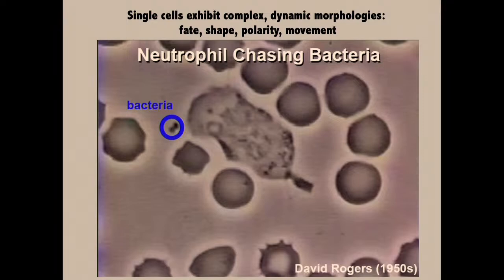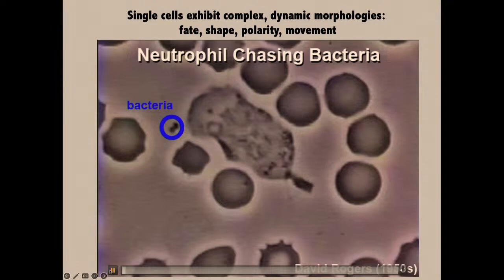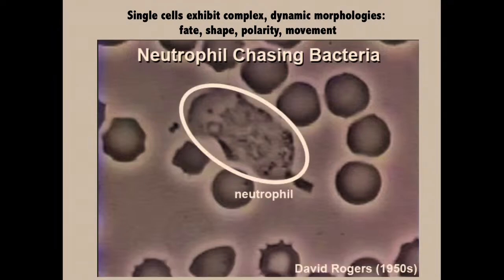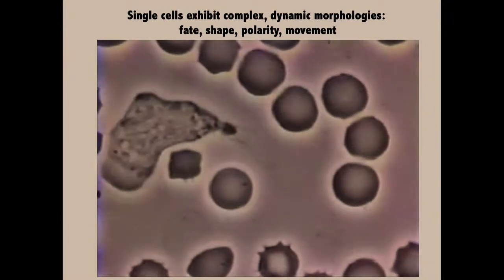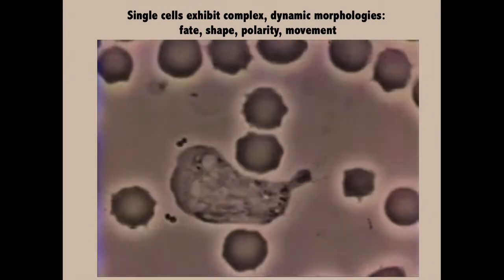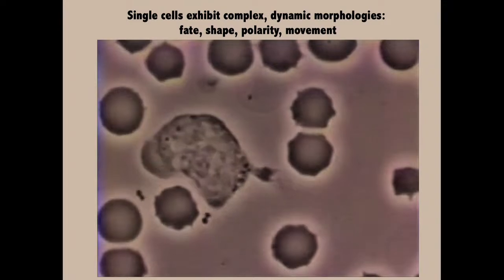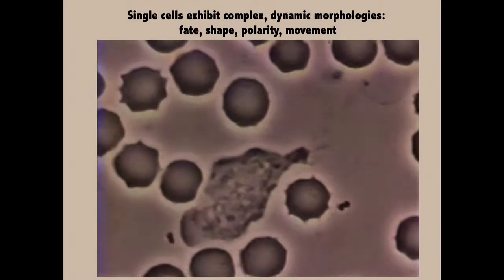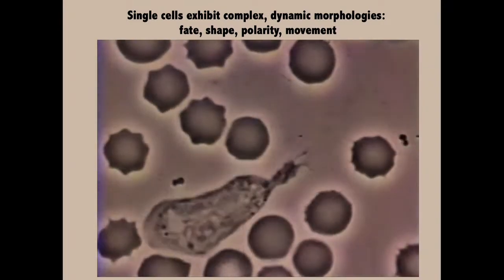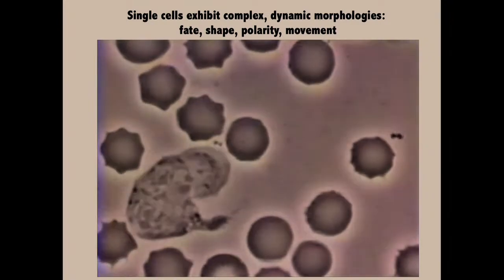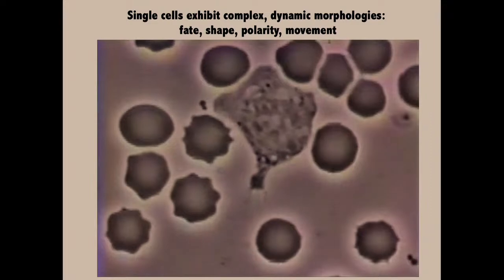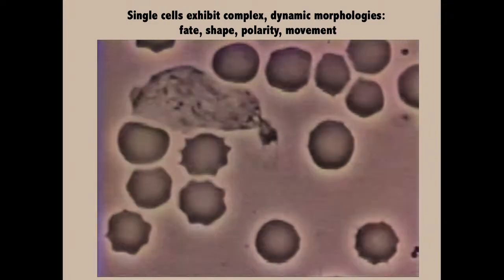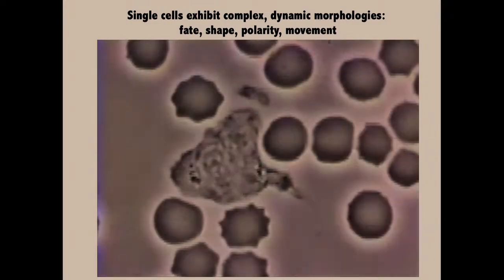What you'll see in this movie, if this plays, is a video from David Rogers from the 1950s, and what you will see here is a neutrophil, right? The kind that helps you fight infection. These little dots are bacteria, and what this neutrophil is doing is chasing this bacterium in the hope of engulfing it and eating it, which it finally does at this point.